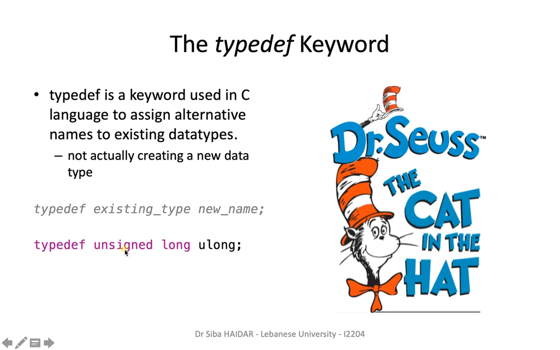Instead of using unsigned long, you say ulong phone. Both existing type and new name for this type can be used simultaneously. Another example, typedef unsigned int uint, because uint is much more expressive than unsigned int. A uint is of course a positive number.